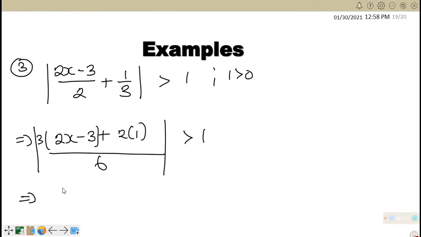This gives us 6x minus 9 plus 2, everything over 6, greater than 1. Minus 9 plus 2 should be minus 7, over 6, strictly greater than 1.